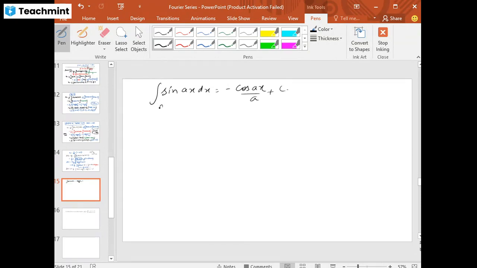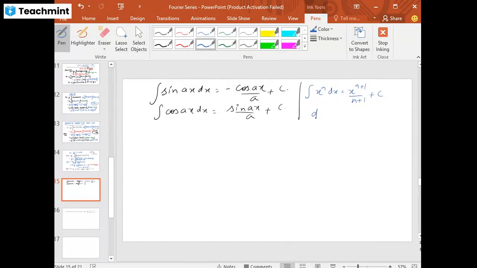Apart from this, we also need the integral of cos ax, that is sine ax upon a plus c. And we also need the integral of x power n dx, that is x power n plus 1 upon n plus 1.